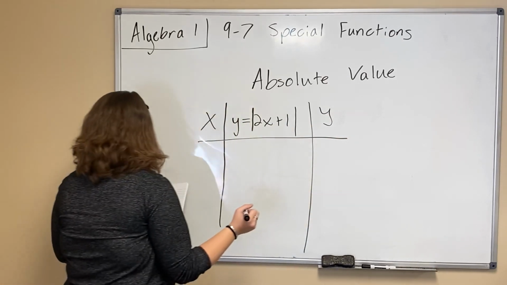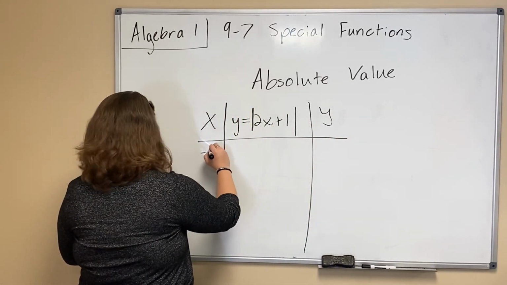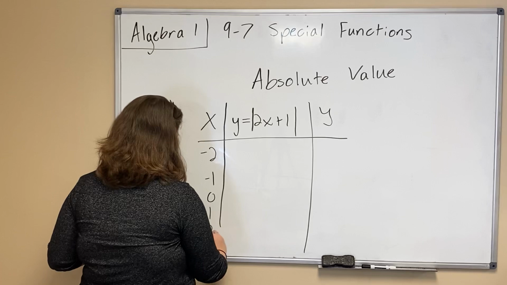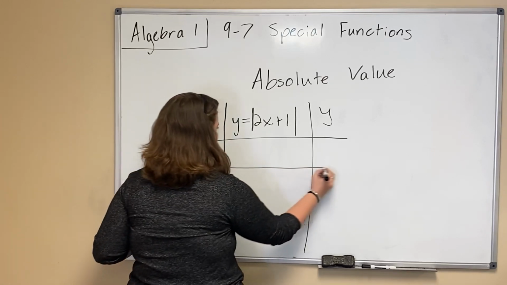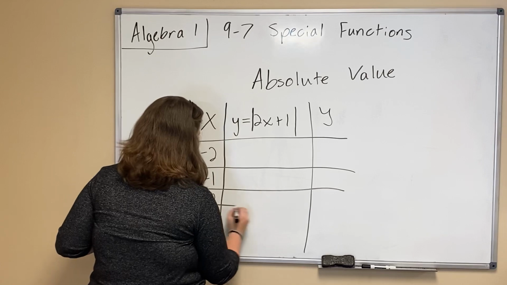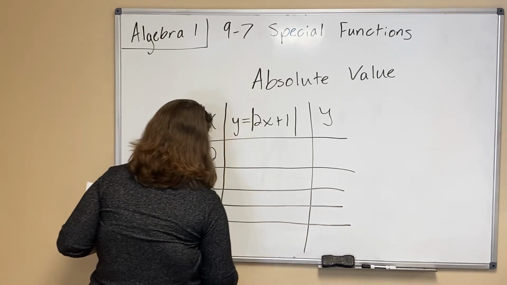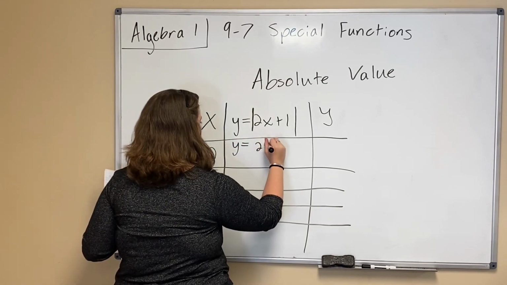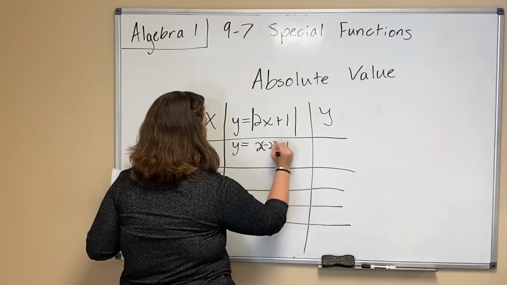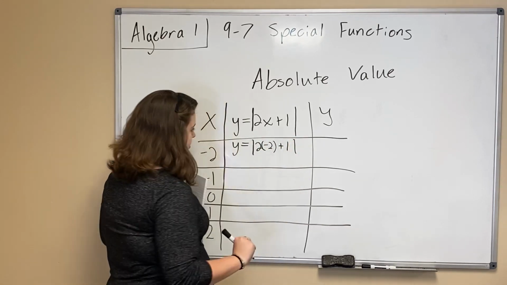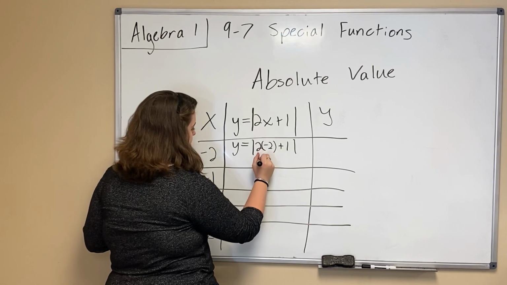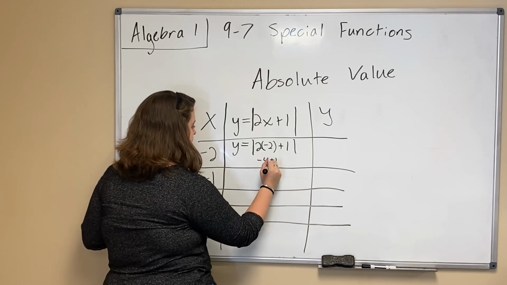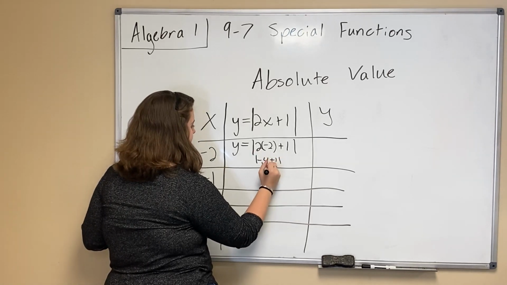We'll plug in some numbers. Let's try -2, -1, 0, 1, 2. At -2, I'm going to get y equals the absolute value of 2 times -2 plus 1. So 2 times -2 is -4 plus 1. -4 plus 1 is -3, but we're doing the absolute value.